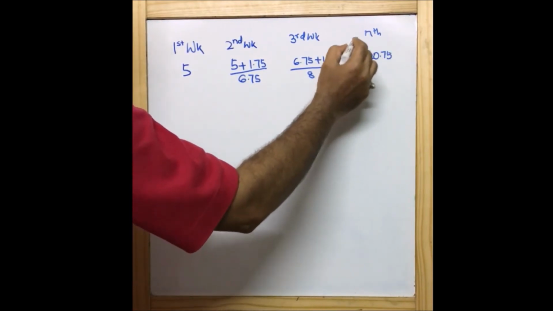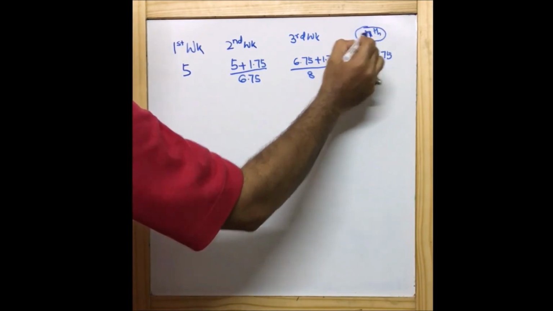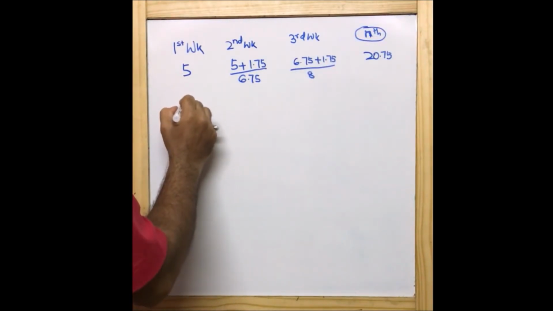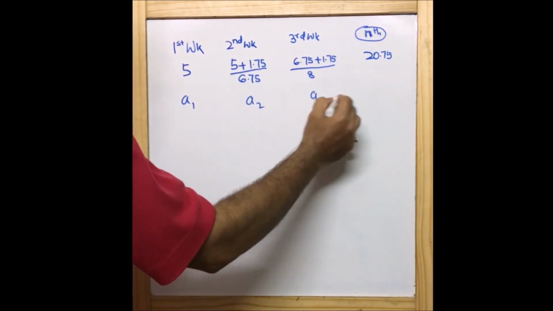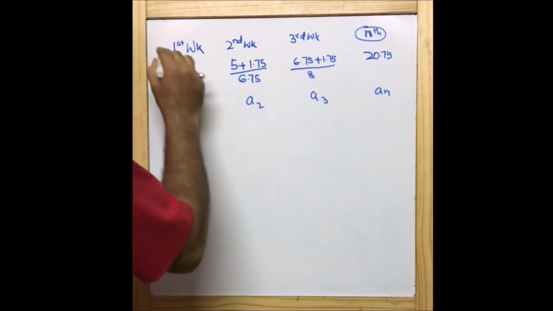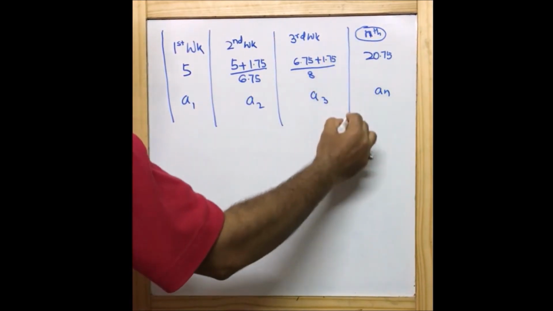So we are going to find this nth value. Now let's call these A1, A2, A3 and AN. That's all guys, this is the required data we have.